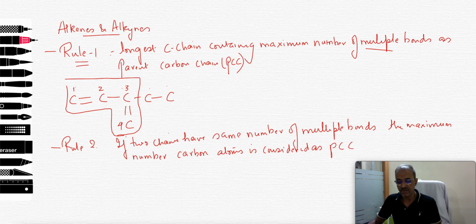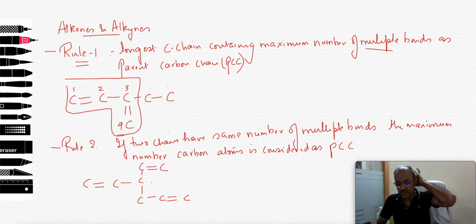For example, suppose C double bond C, single bond C, C, C double bond C, and this also has C double bond C. Then if this chain is 1, 2, 3, 4, 5, 6, this also has two multiple bonds, right?